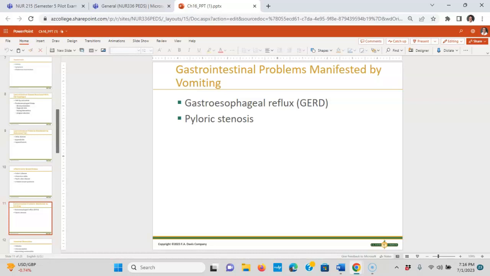So look that one up. It's where they take part of the stomach and wrap it around the esophagus. So monitor intake and output, including NG tube secretions, if you put an NG tube down these children. Continue to breastfeed.